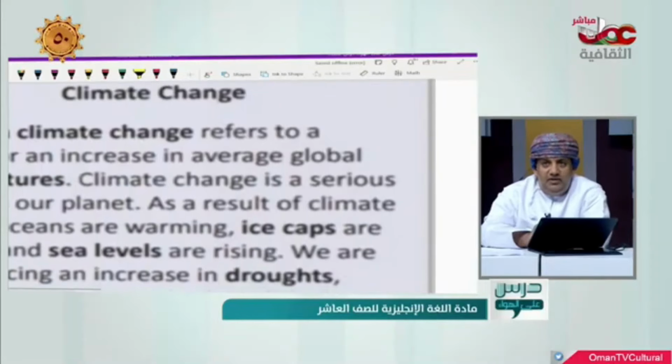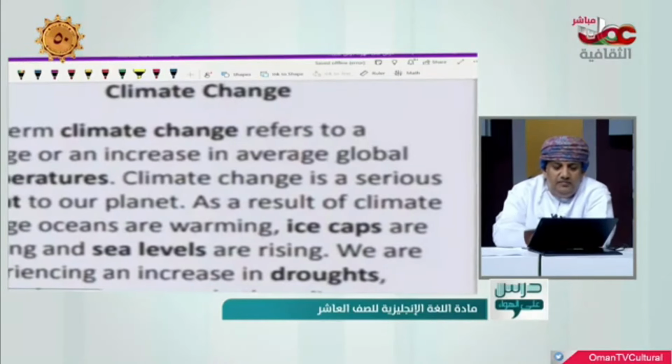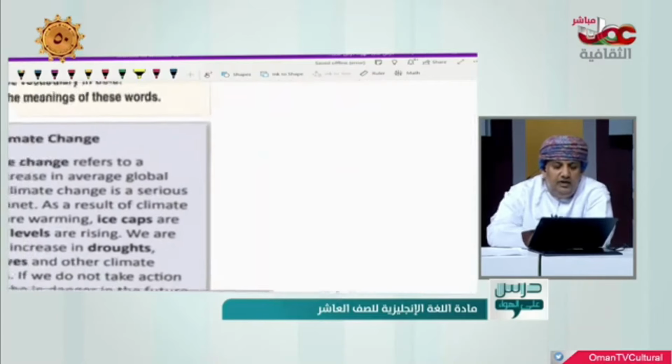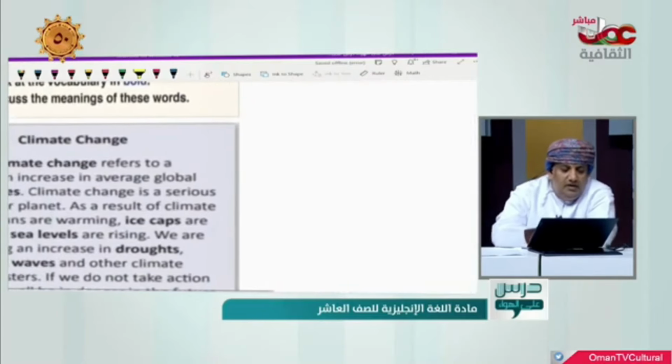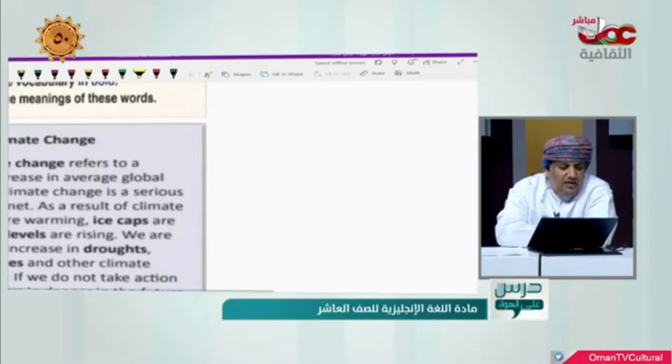Okay, climate change. This is the title of this text. The term climate change refers to a change or an increase in average global temperatures. Climate change is a serious threat to our planet.